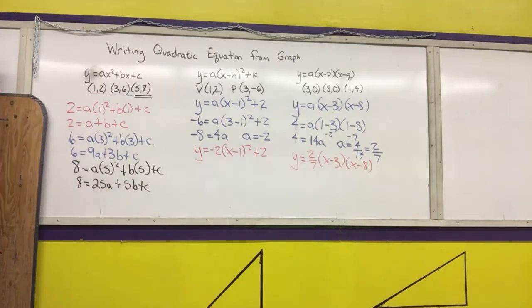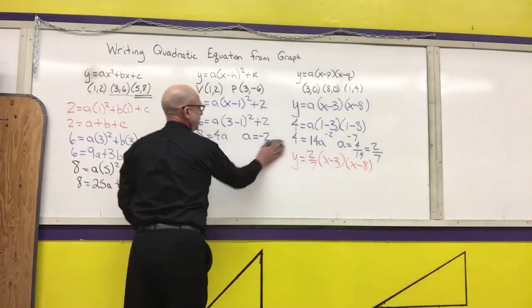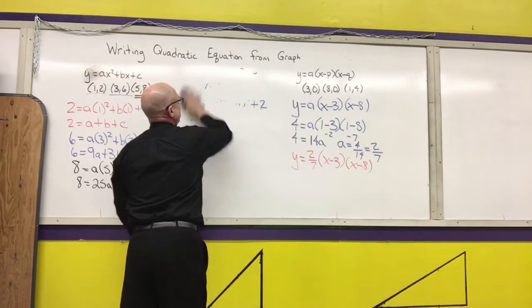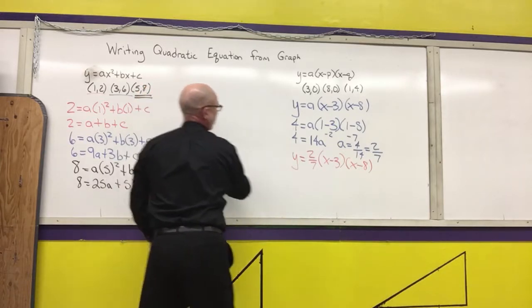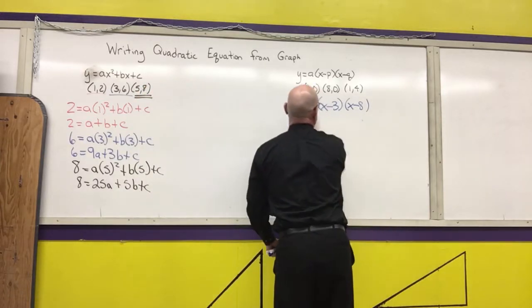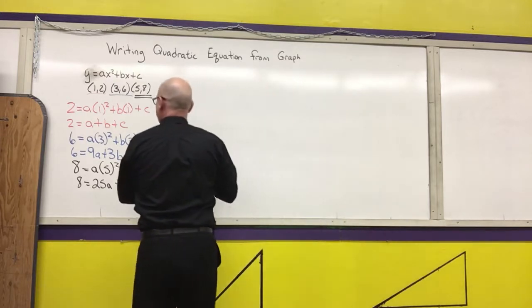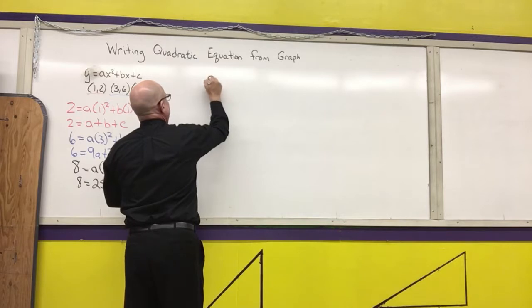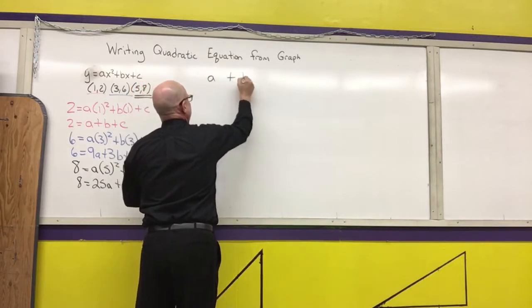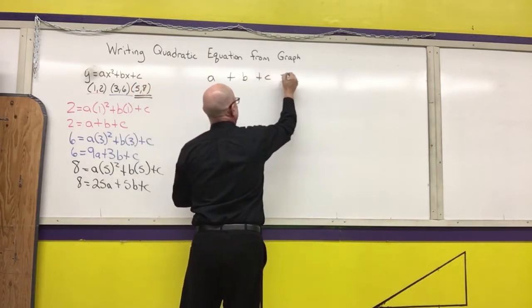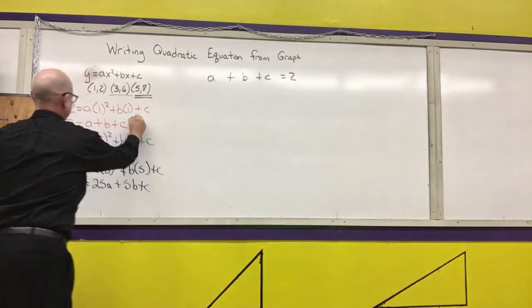What we now have is 3 equations with 3 unknowns that I have to find the solution to. So let me write those 3 equations with 3 unknowns. I have a plus b plus c is equal to 2. That came from this one.